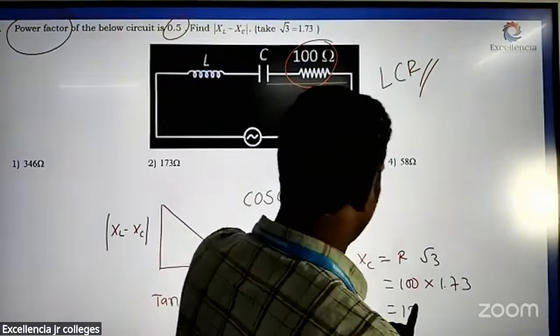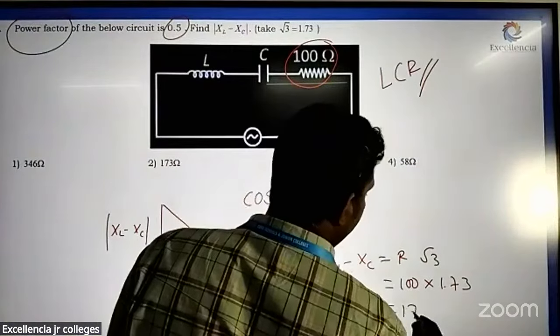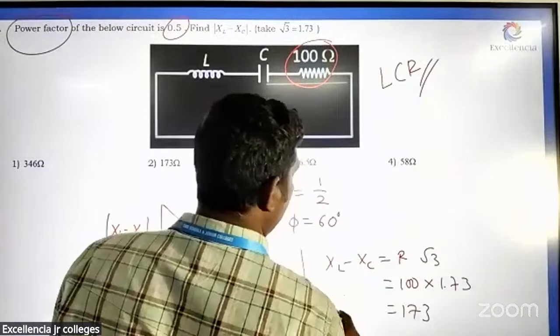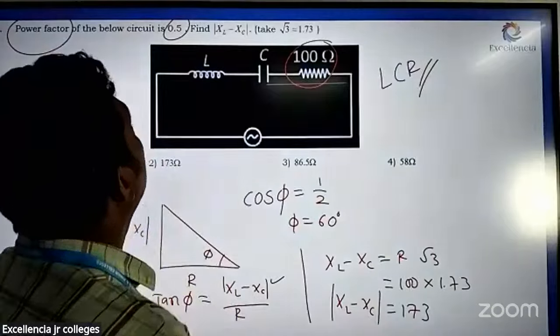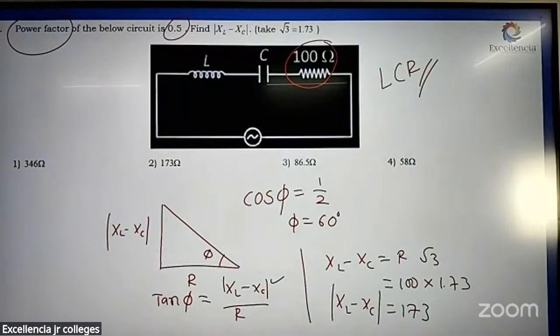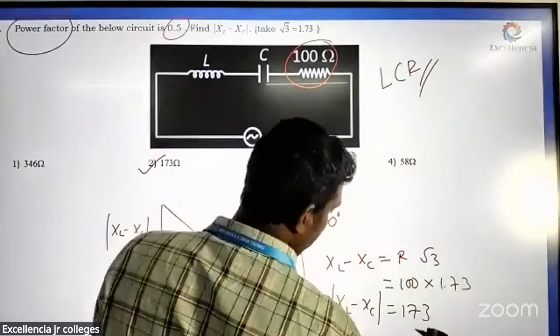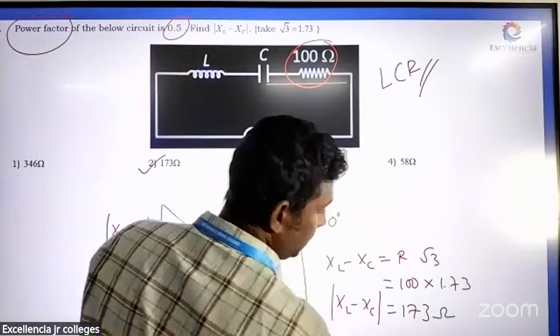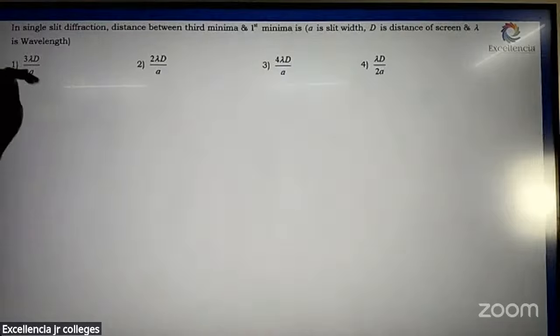This is a simple calculation. Okay. And XL minus XC is the reactance, units will be ohms. So now we will go for the next.